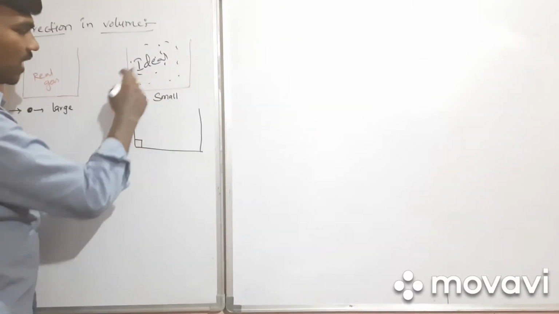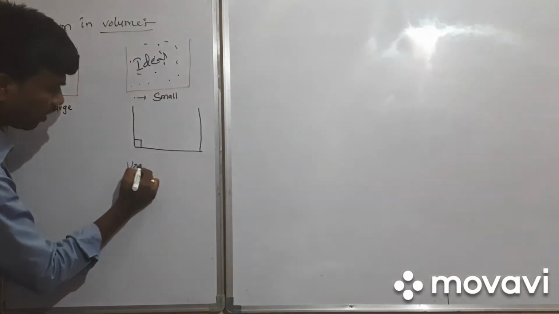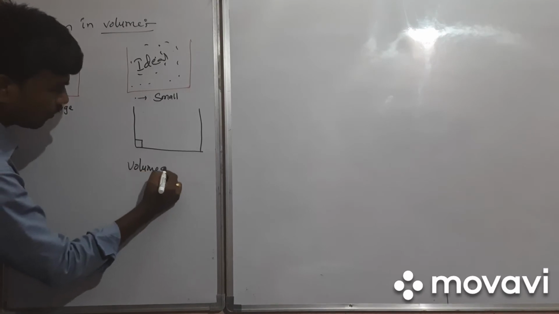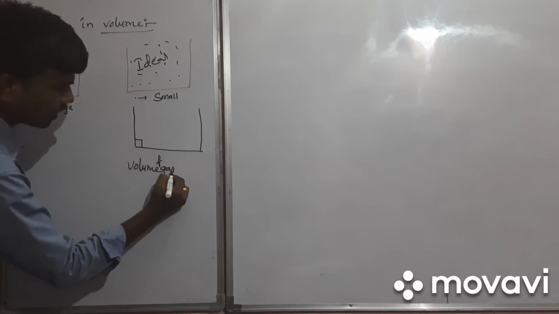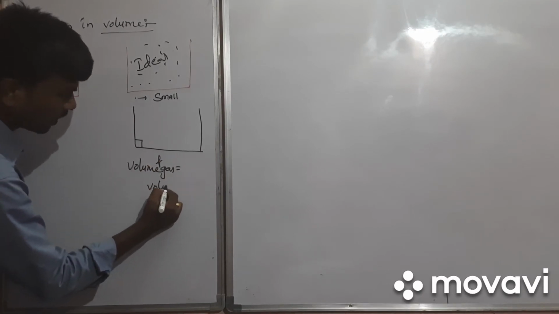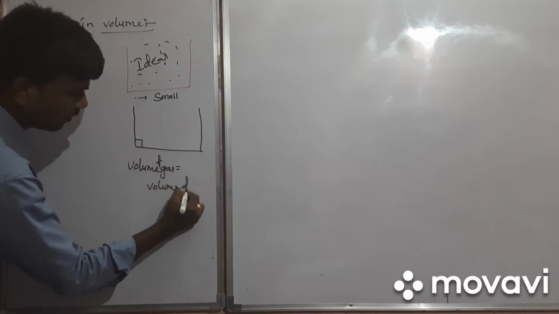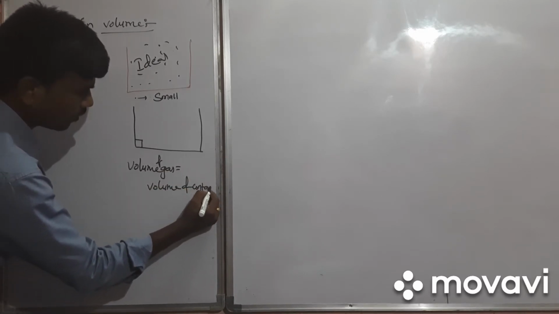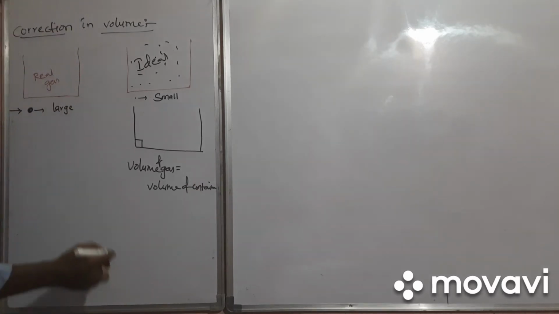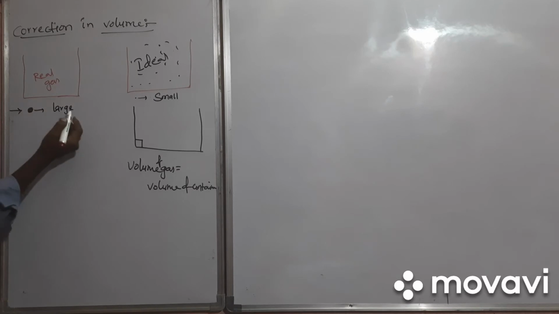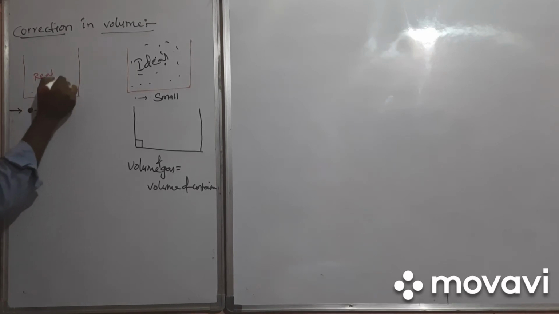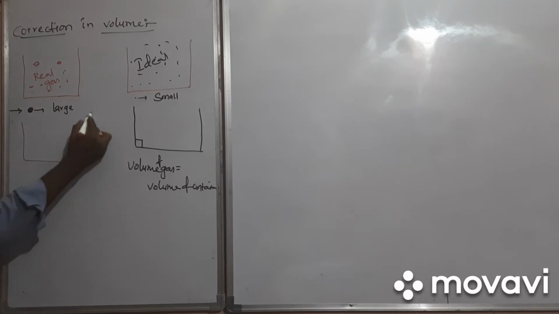So in the case of ideal gas, the volume of gas is equal to the volume of the container. But in the case of real gas, the real gas molecule size will be larger. When you compress the real gas molecules, they will occupy some amount of area in the container.